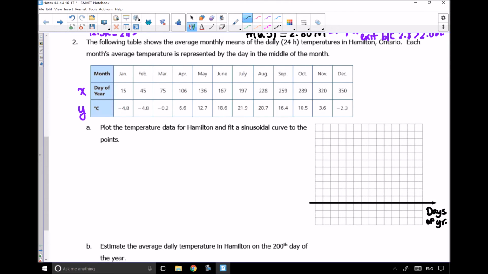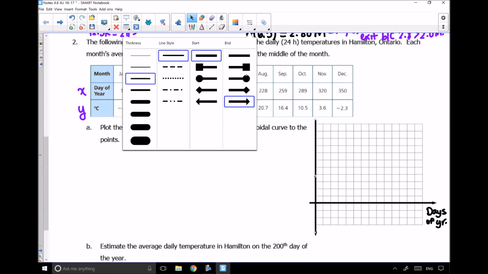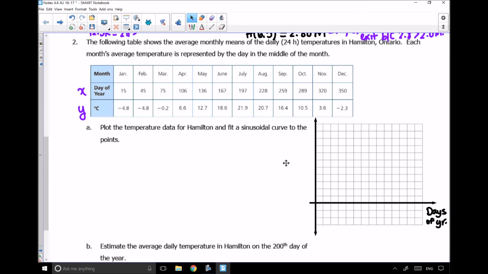And then for my y-axis right here, I'm going to have it go like this. But we got to make sure that we have an arrow on both ends of our y-axis because we can have positive and negative values for our temperature. And we are going to label this right here the temperature.